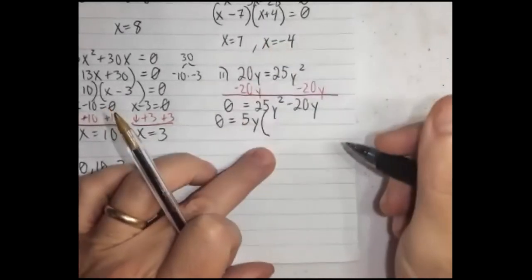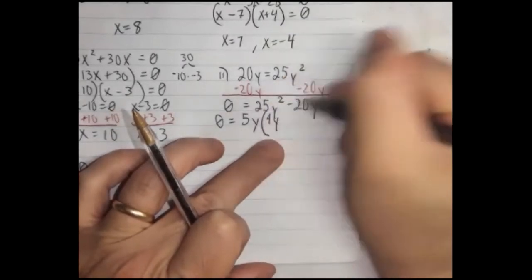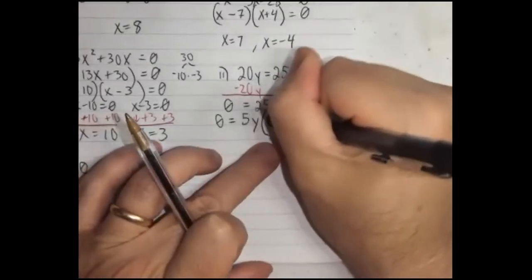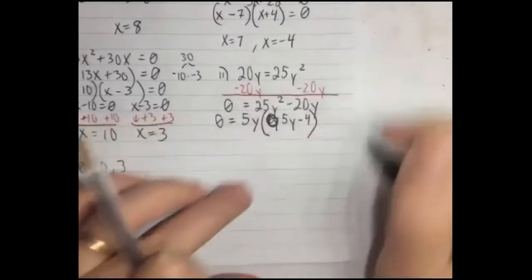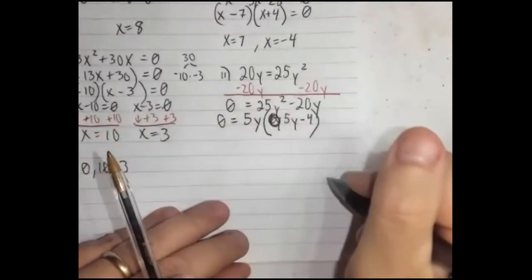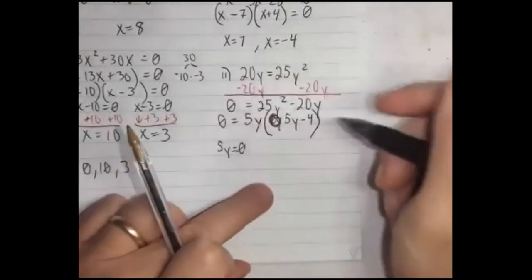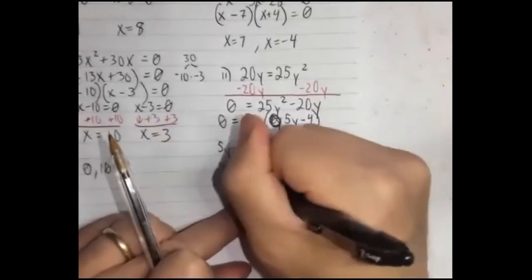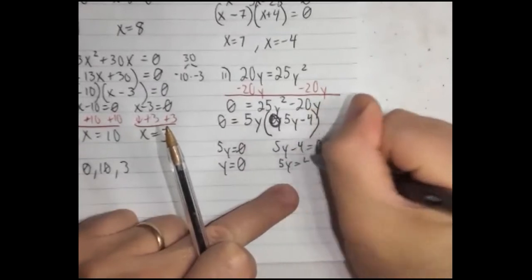5y, and that's going to leave me 5y minus 4. I'm going to set these equal to 0. I'm going to have 5y equals 0, and then 5y minus 4 equals 0. So this is just y equals 0, 5y equals 4.